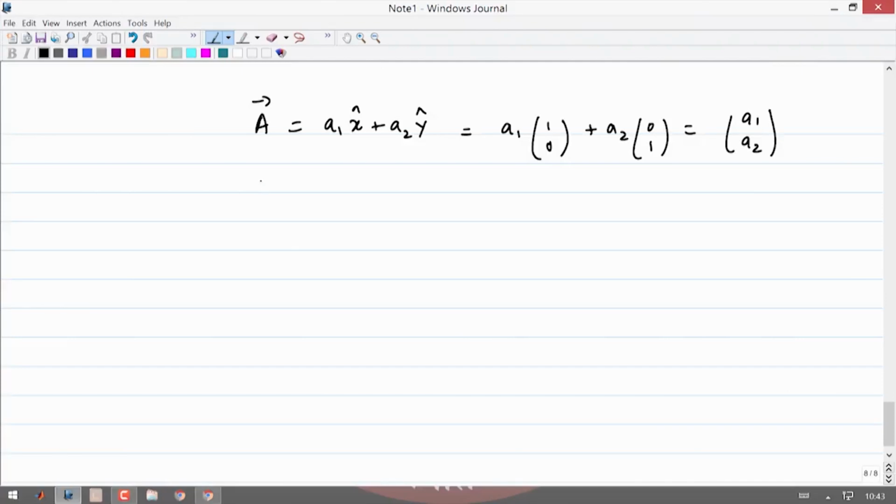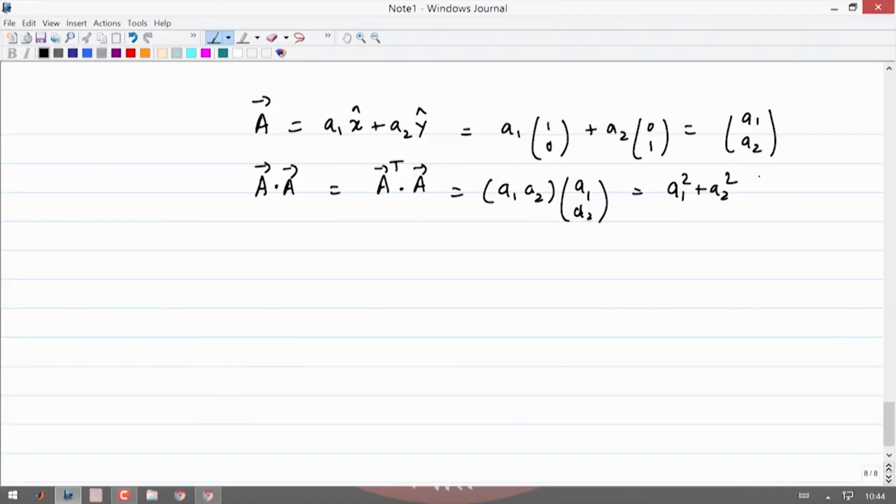Therefore, when you write the scalar product of A with itself, it is A t dotted with A, so you have A1 A2 times A1 A2, and you can see right away that this gives you a1 square plus a2 square.